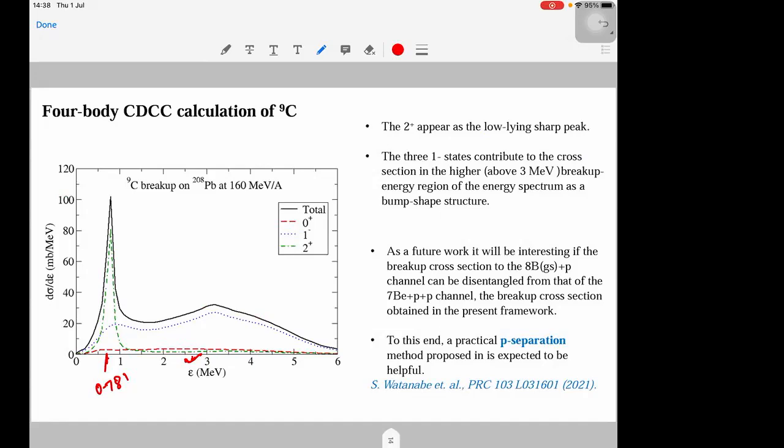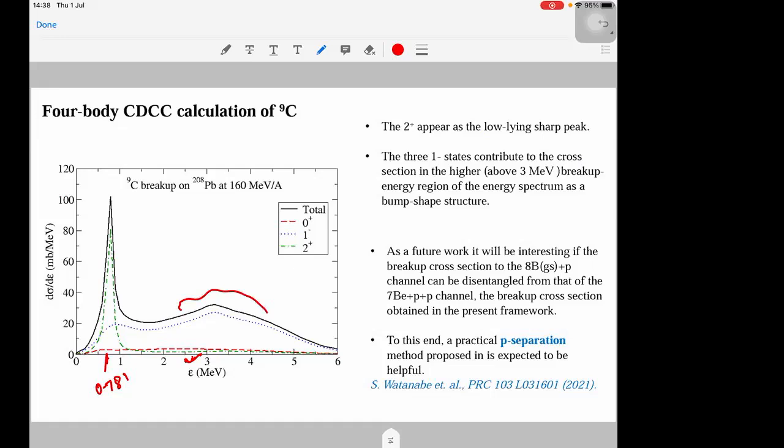Thus, we find that the 1 negative cross-section is dominated by the low-lying non-resonant continuum and high-lying 1 negative resonant states around 3 MeV. So in a nutshell, the 2+ low-lying resonance appears as a sharp peak in the breakup cross-section. The three 1 negative resonance states contribute to the cross-section in the higher breakup energy region of the spectrum as a bump structure around 3 MeV.